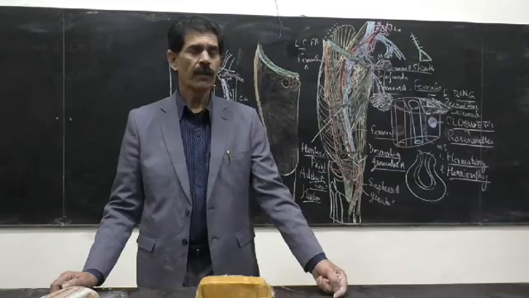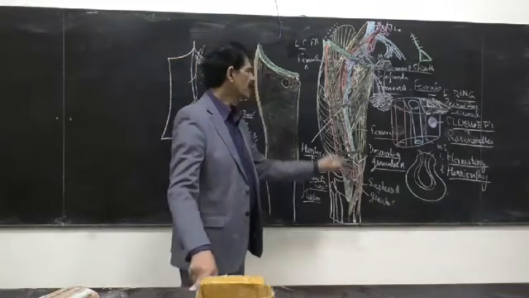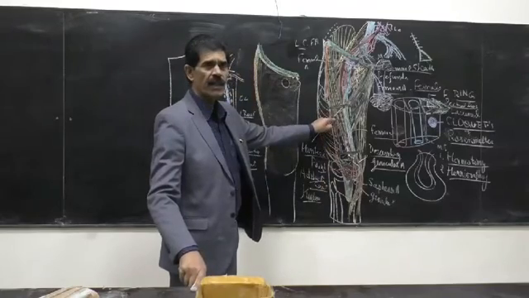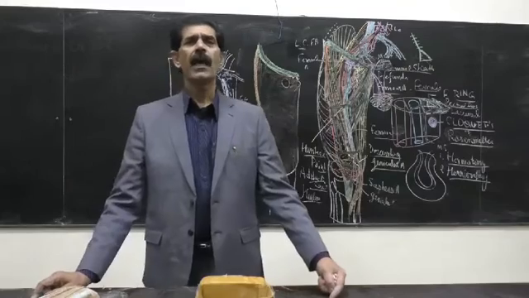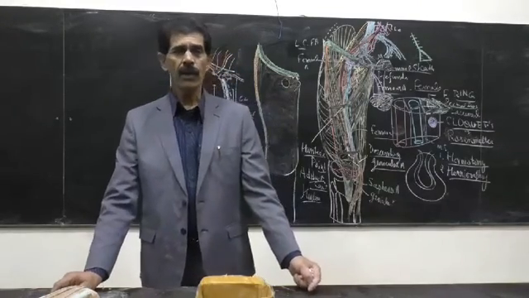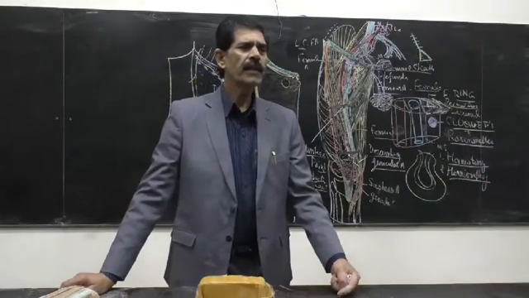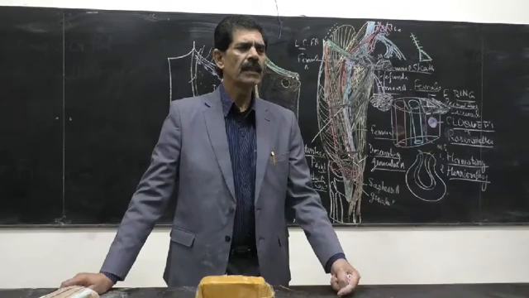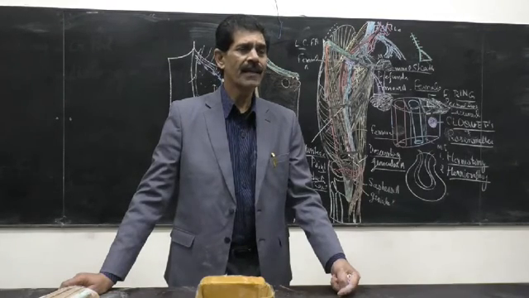Then the floor, the roof. The roof of this adductor canal is formed by the skin, then superficial fascia, and just below the superficial fascia there is an aponeurotic roof. The aponeurotic roof is formed by the union of the muscular sheaths of the adductor longus and vastus medialis.